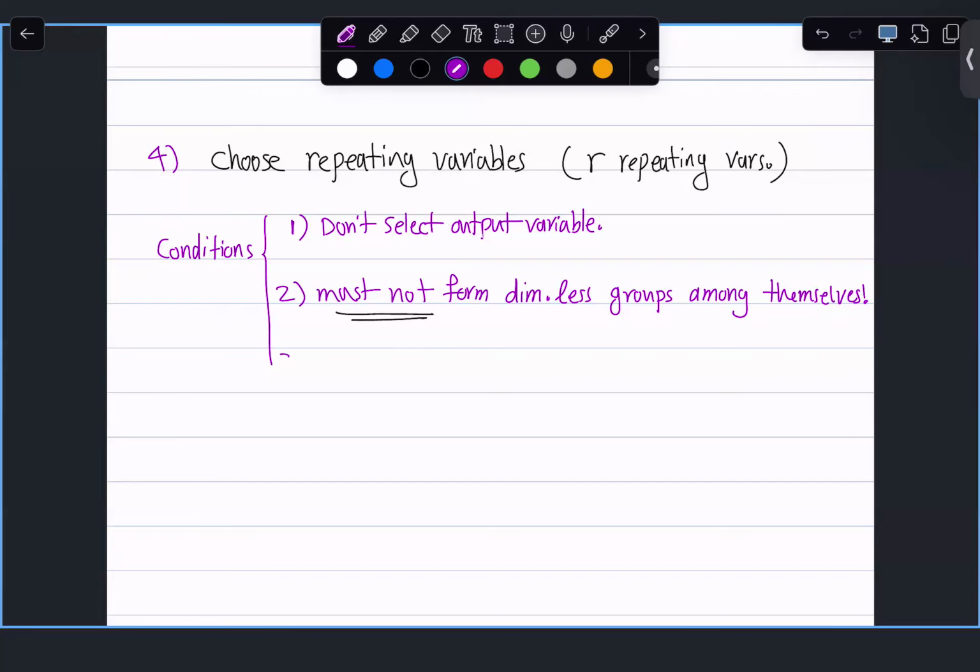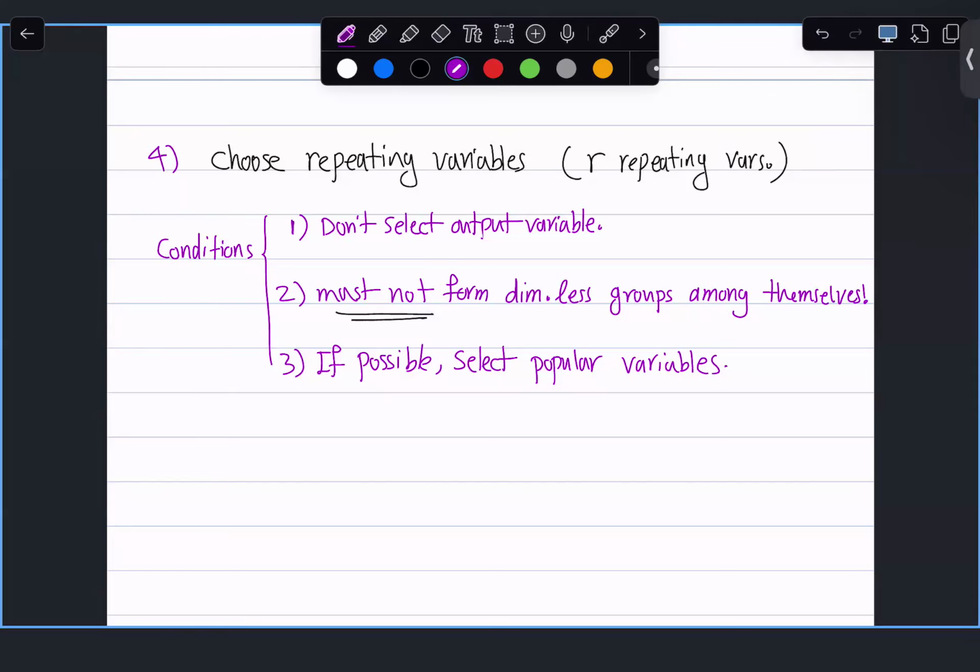And the last condition is, if possible, you want to select popular variables. And this one is a little like, what does popular mean? You'll gain this experience in this class, like which variables are more popular.